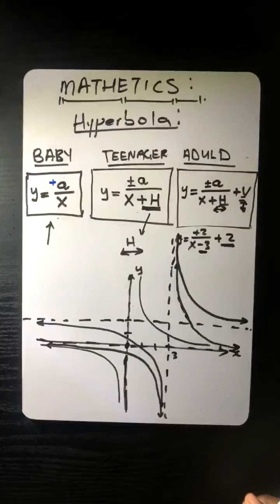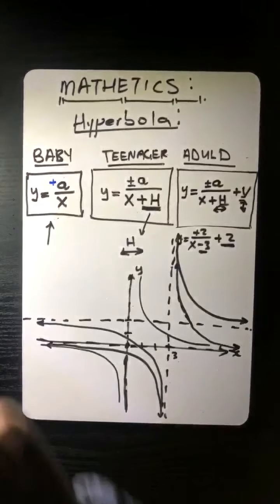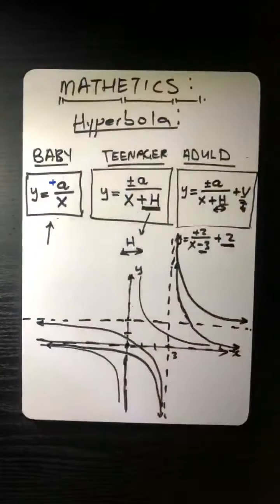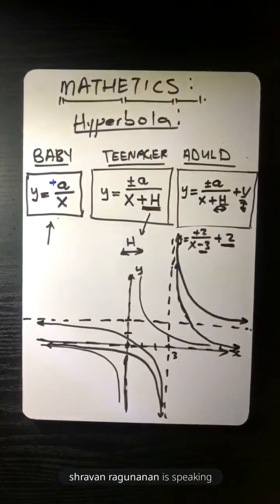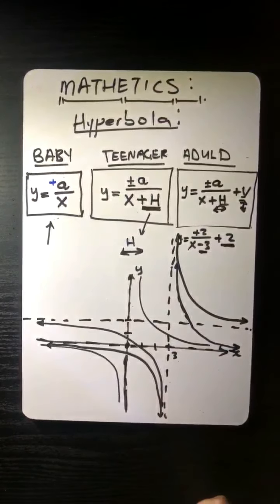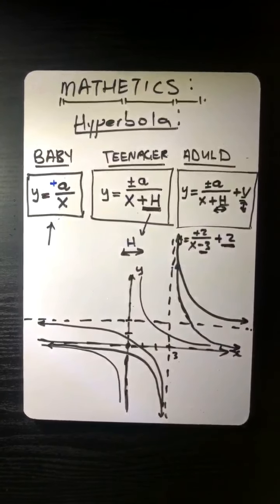Shravan, you tell me, do you want me to sketch one graph there to see how we sketch this thing? Understand, sir. You got all the info, right? Let me see. Yes, sir. Okay.